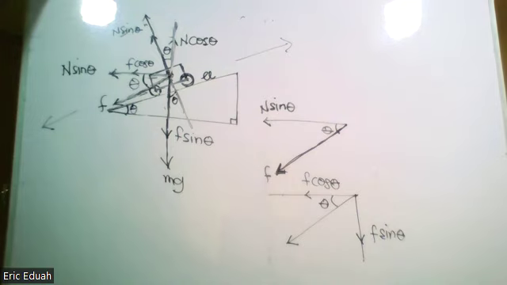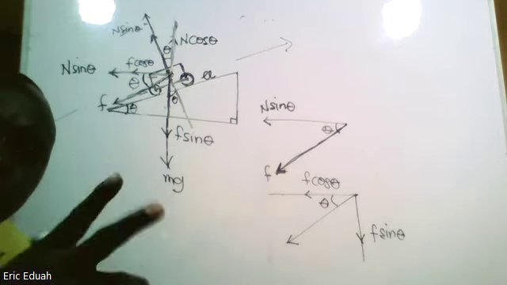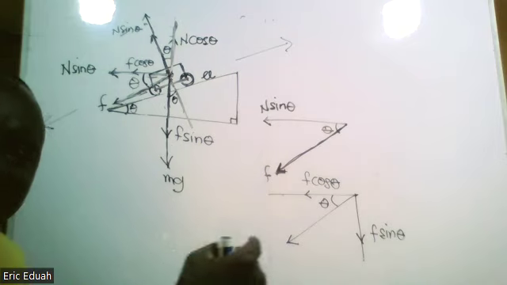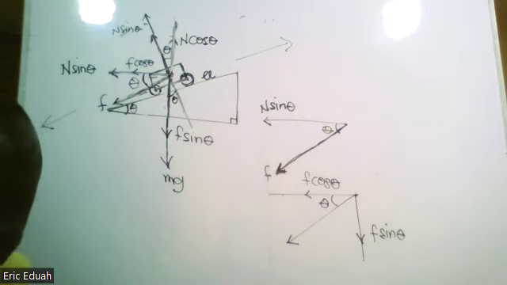Sir, please, so the N is what you resolve to get the N sin theta and the N cos theta, and you do the same for the F. So is it like they are imaginary lines? They are two things which occur along the same direction.